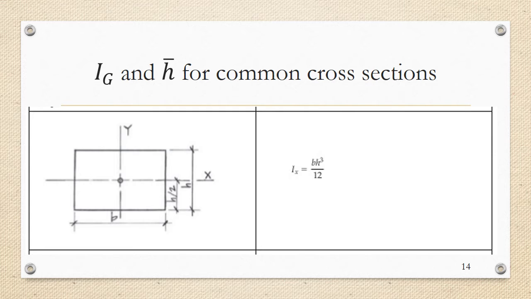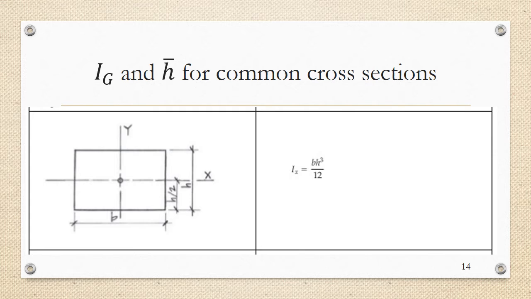Now you might have a doubt. IGy would be given by b cube h by 12. You might have a doubt as to which side has to get cubed when you're taking moment of inertia about a particular axis. Let me help you remember it in this way: whichever side the axis is cutting, that side will get cubed. When you take the Gx axis, it is cutting h, and so that side will get cubed.